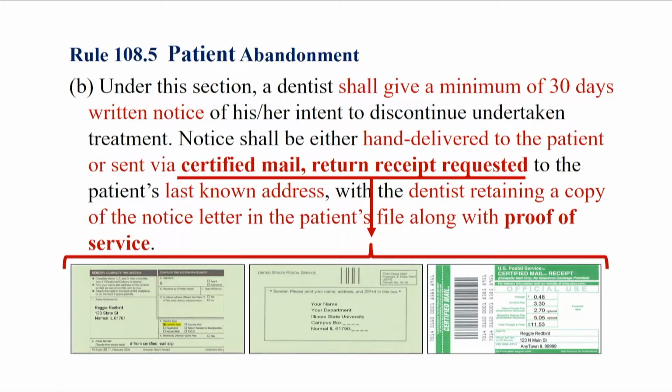You will retain the receipt, which is the image on the far right, in your office, ideally stapled to your copy of the letter, which you have placed in the patient's chart.